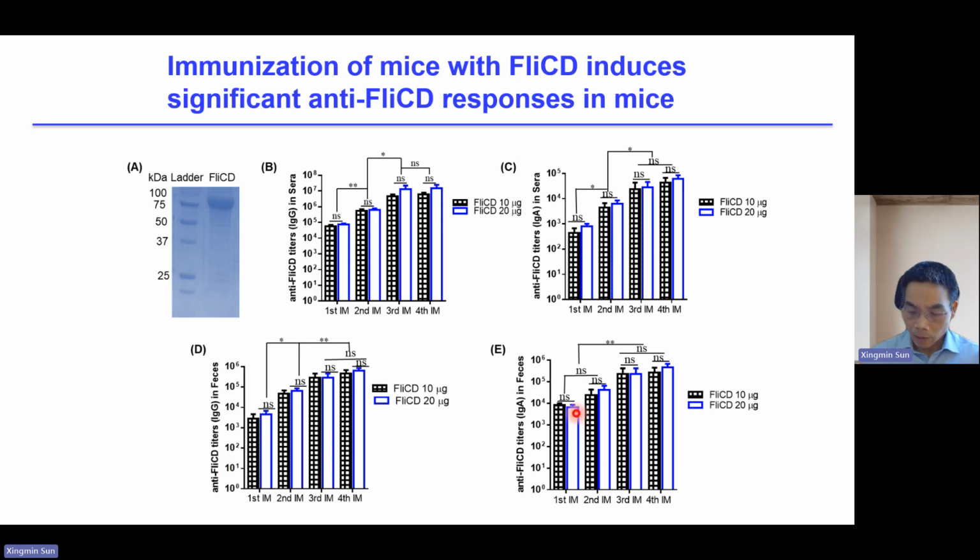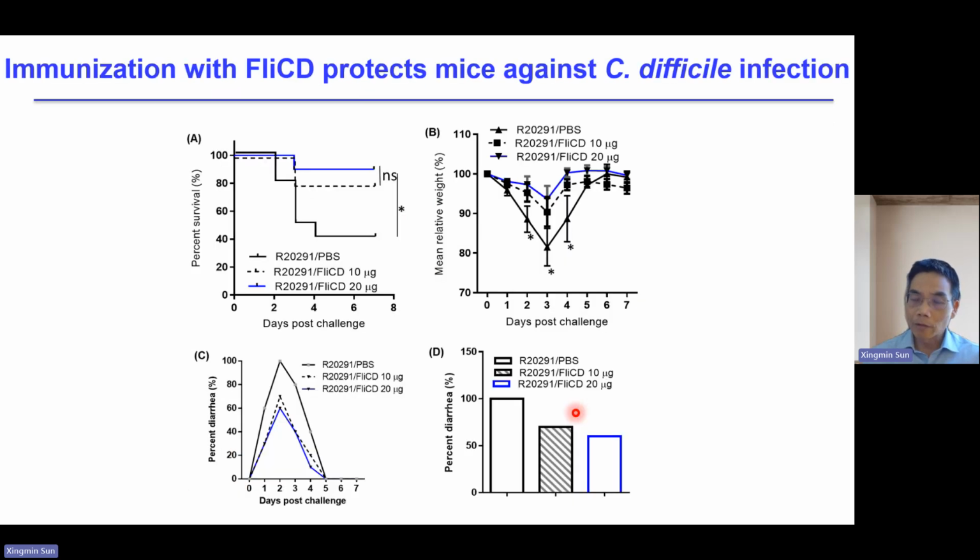And then we further challenged the immunized animals, as well as the control groups immunized with PBS. The immunization was carried out by intramuscular route in the presence of alum as adjuvant.